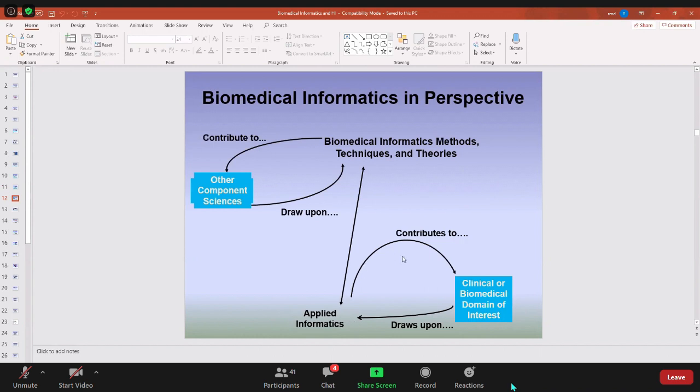And the applied informatics here contributes to the clinical or biomedical domain of interest. And then the particular subset of knowledge drawn from this clinical or biomedical domain is actually served to applied informatics.